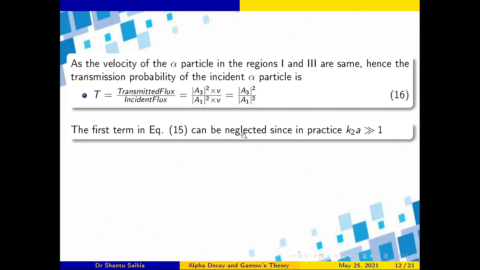The first term in equation 15 can be neglected, since in practice K2A is very large. K2 is root over twice m by h cross into V minus E. Now V is the barrier height, which is very large compared to E, the energy of the alpha particle. So basically K2A is a very large quantity.